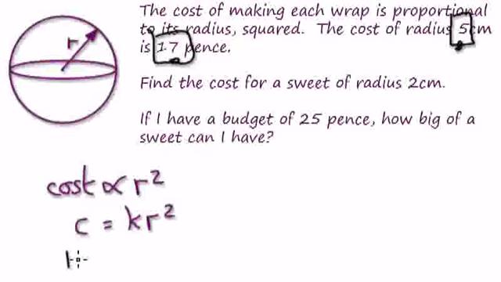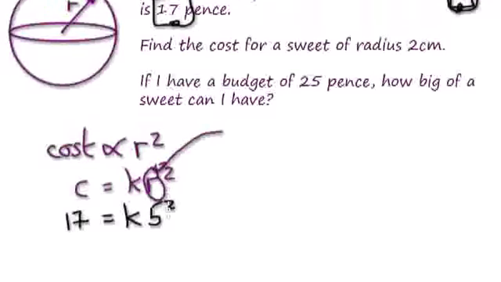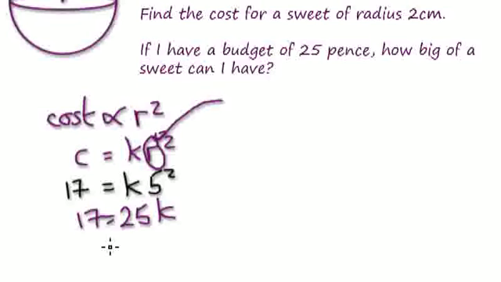So I can use this and this to work out my k. The cost is 17 pence, so 17 equals k times 5 squared. Remember, I'm putting the 5 into the radius here. So this becomes 25k equals 17. Divide both sides by 25, so k equals 17 over 25.